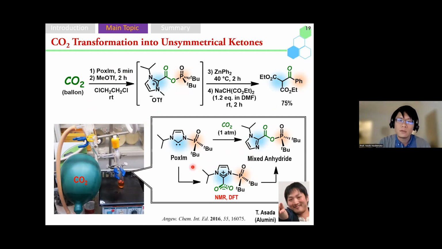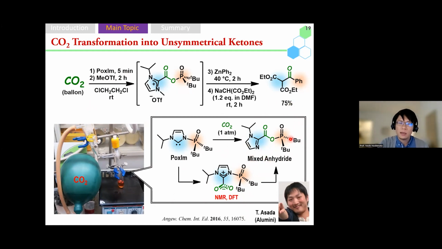NHCs are well known to react with CO2, and similarly, Toxin smoothly scavenges the CO2 to form this imidazolium carboxylate intermediate. Then, addition of this carboxylate oxygen to the phosphorus center and cleavage of this N-P bond concertedly proceeded to give this mixed anhydride.